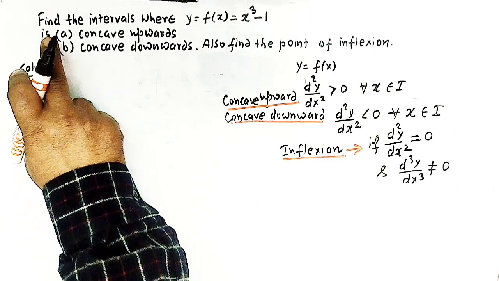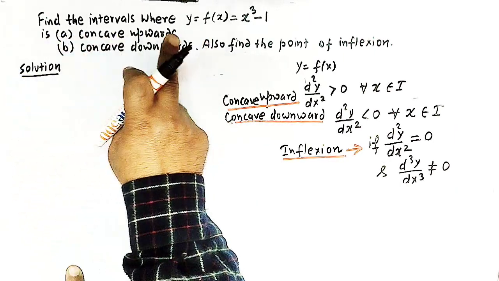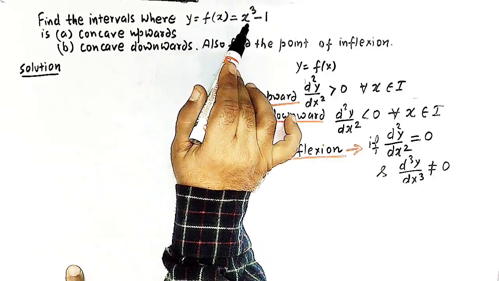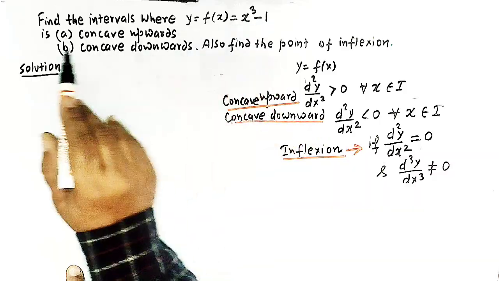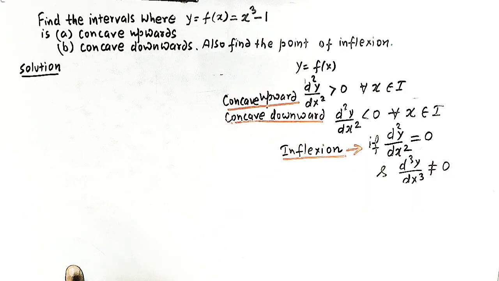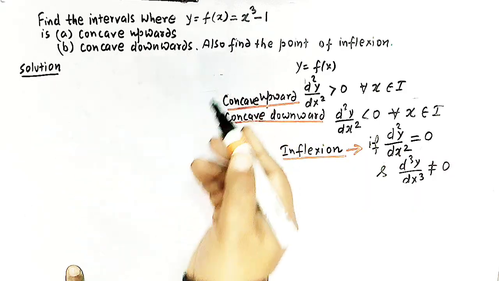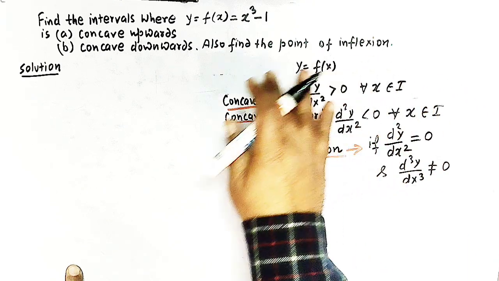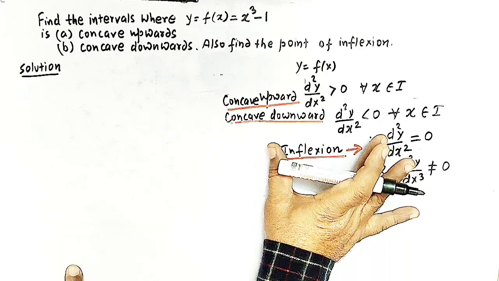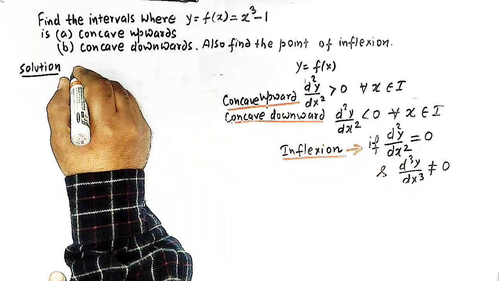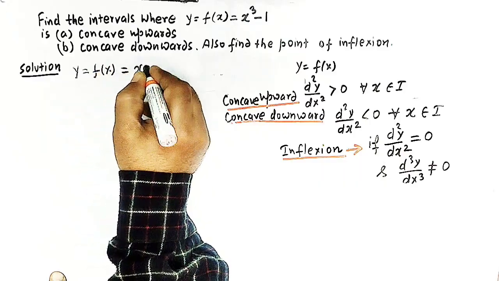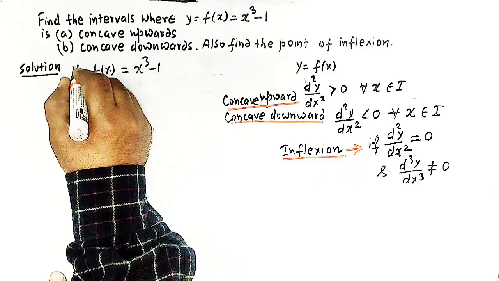So now let us consider this problem. Here we have to find the intervals where the function y is equal to f of x, that is x cube minus 1, is concave upwards and concave downwards, and we have to also find the point of inflection, right? So here we'll follow this working rule. The function is y is equal to f of x, that is x cube minus 1.